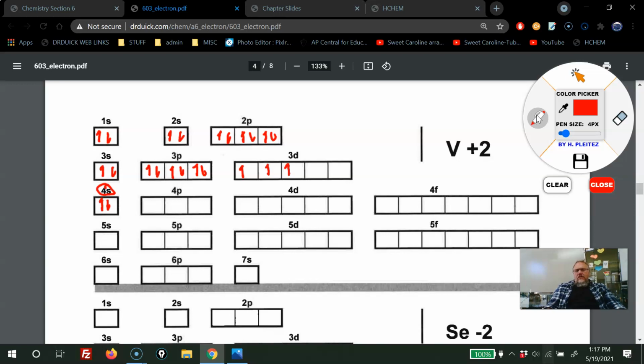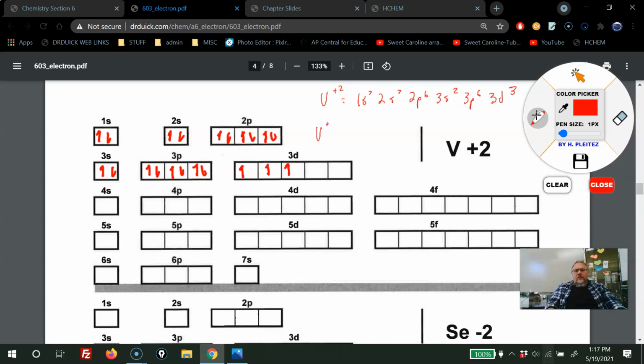So vanadium like this would be that. If I was to write this out, it'd be vanadium plus 2 equals 1s2, 2s2, 2p6, 3s2, 3p6, right? 3d3.